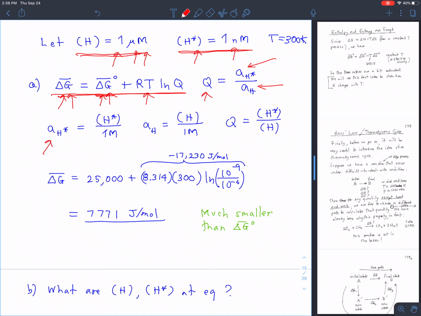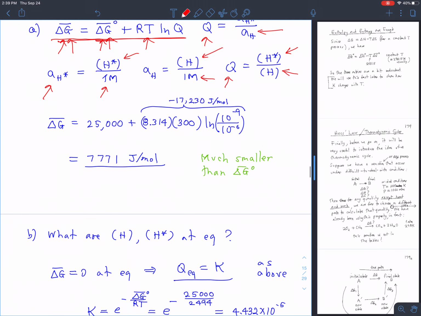We choose our activity to be the most common case, the molar concentration of closed hexokinase over a standard state concentration of 1 molar. Likewise for the open state, molar concentration of open divided by standard state molar concentration. And that means Q is equal to just the ratio of the 2 molar concentrations.